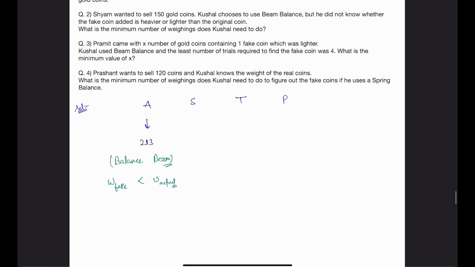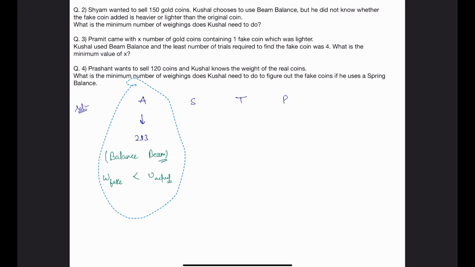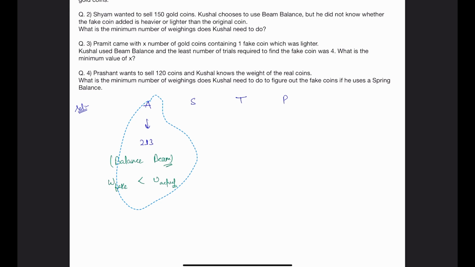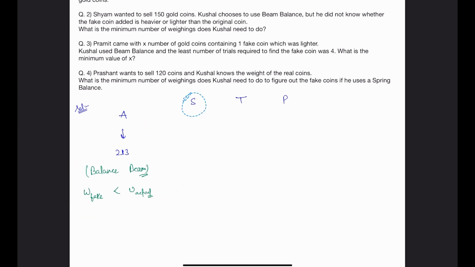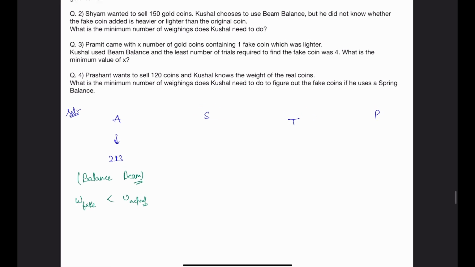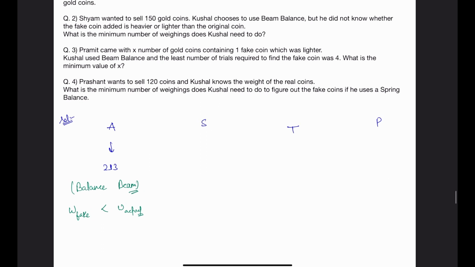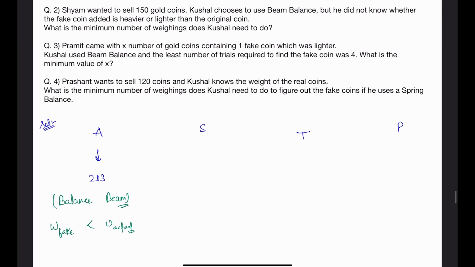Next one is Shyam wanted to sell 150 gold coins. Let me give them some space. Shyam should come over here, T should come over here, and Prashant is in the corner. So Shyam wanted to sell 150 gold coins.